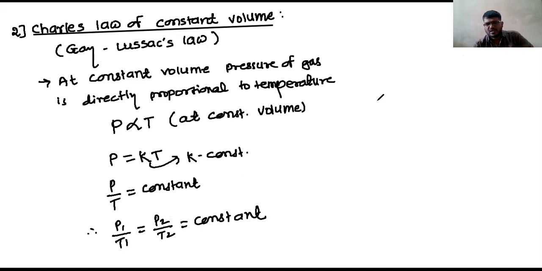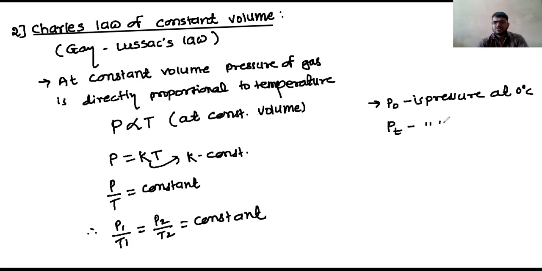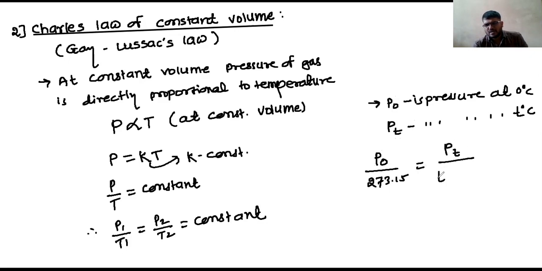Now similarly, you see here, if P0 is pressure at 0 degrees Celsius and PT is pressure at T degrees Celsius, then I am directly doing it now because I have already derived it in volume, so you can do it easily. So directly P0 by 273.15 is equal to PT divided by T plus 273.15.